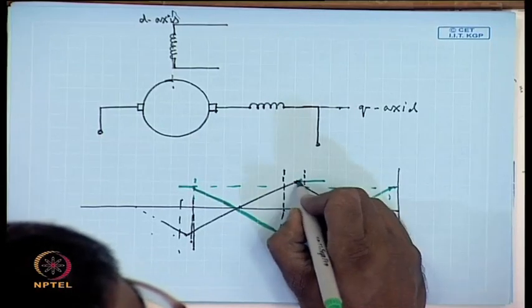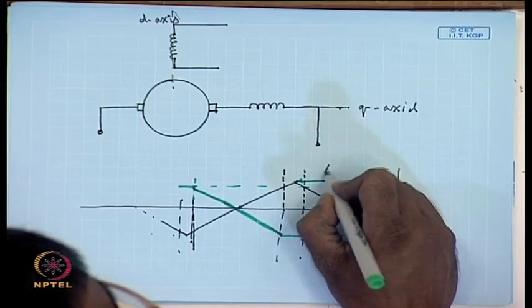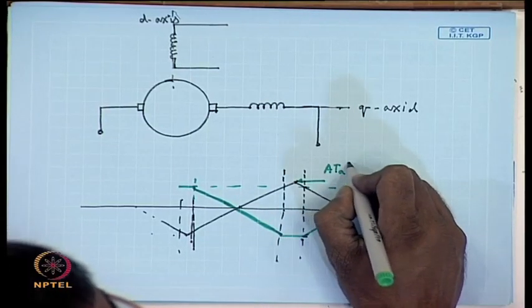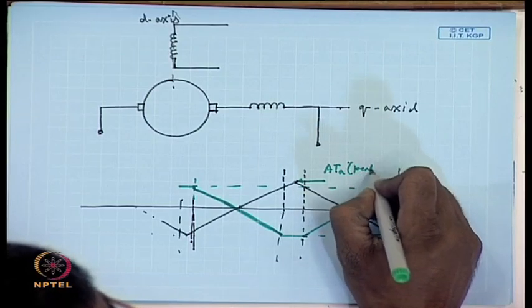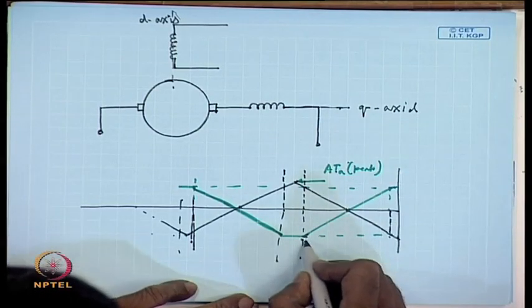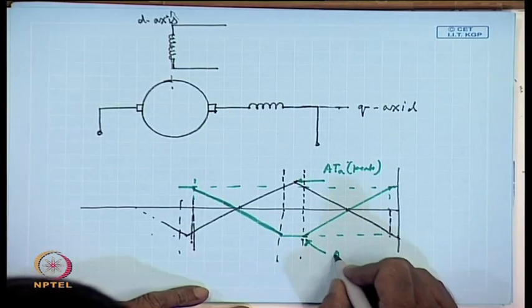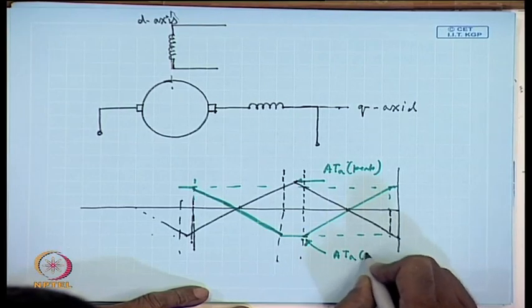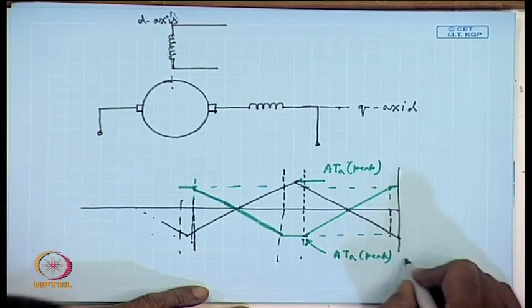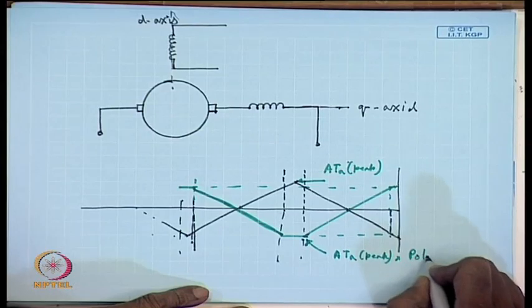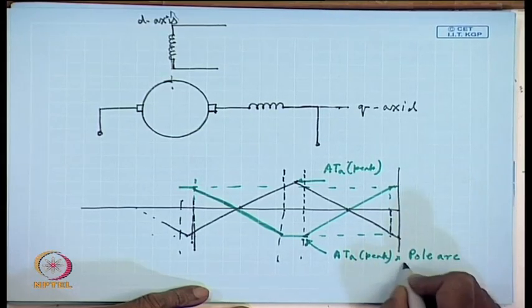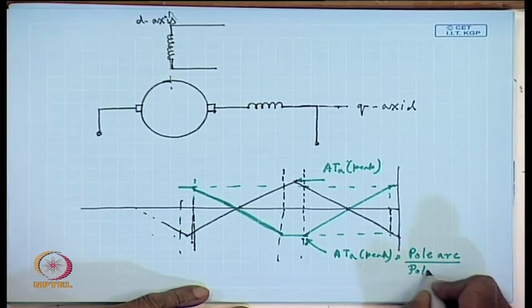If this magnitude is the peak, then the ampere turns produced by the compensating winding will be peak into pole arc by pole pitch.